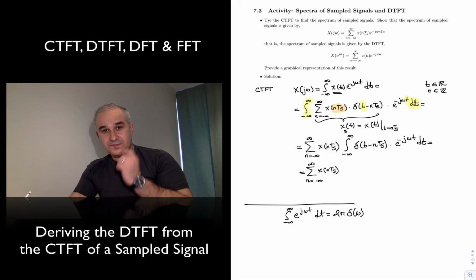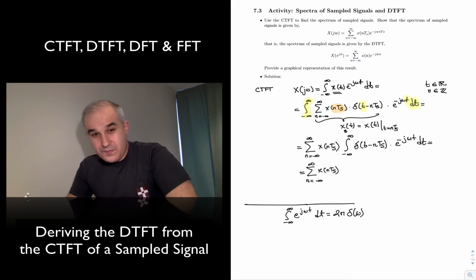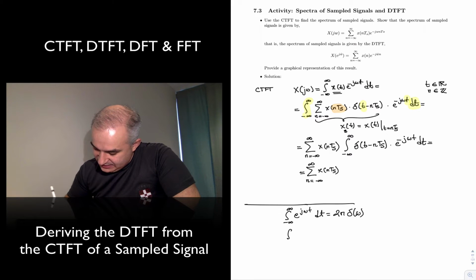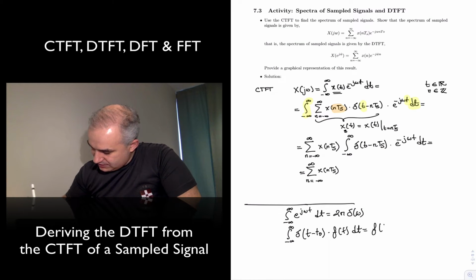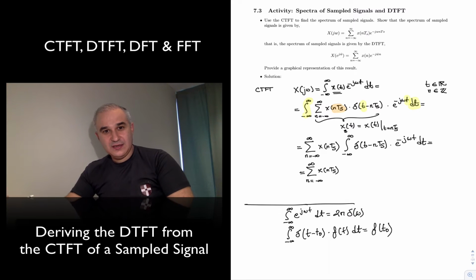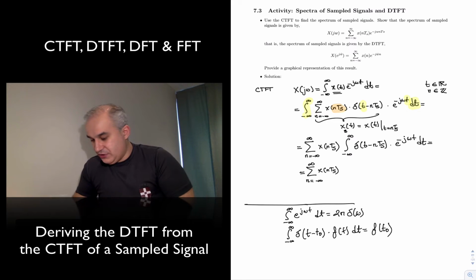That's one of them. The other one is that the integral from minus infinity to infinity of delta of t minus t0 times a function is equal to this. That's it. Now, you need to be able to integrate the exponential function, and that's it.